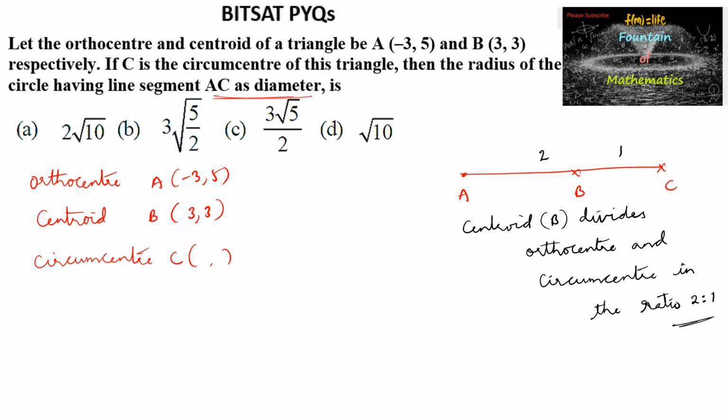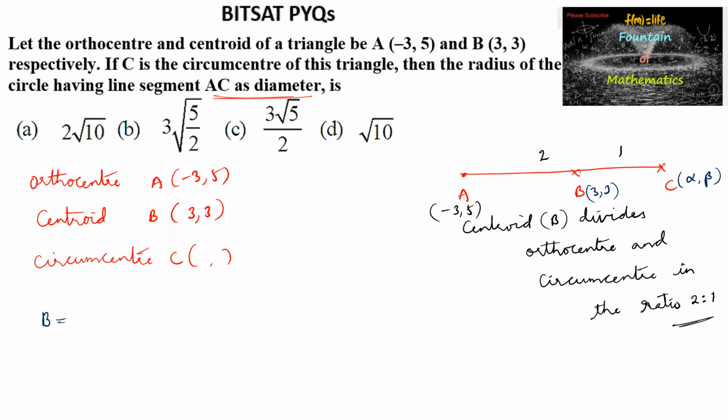So A is the point (-3, 5) and B is the point (3, 3), and let us consider C is the point (alpha, beta), so that we can find by using the internal division section formula.